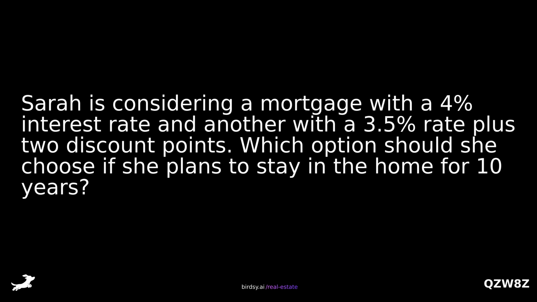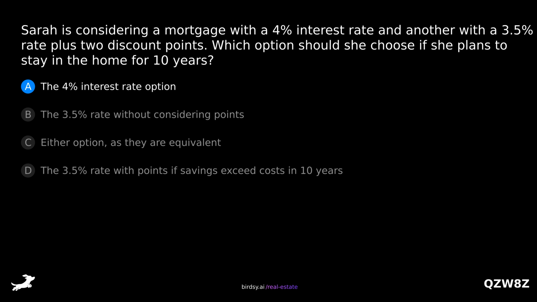Sarah is considering a mortgage with a 4% interest rate and another with a 3.5% rate, plus 2 discount points. Which option should she choose if she plans to stay in the home for 10 years? Is it A, the 4% interest rate option? B, the 3.5% rate without considering points? C, either option as they are equivalent?